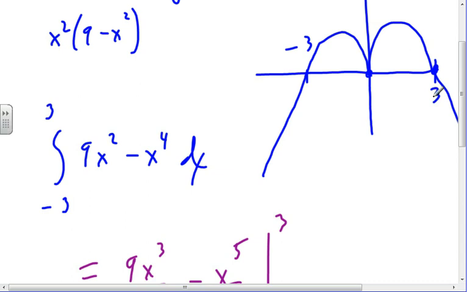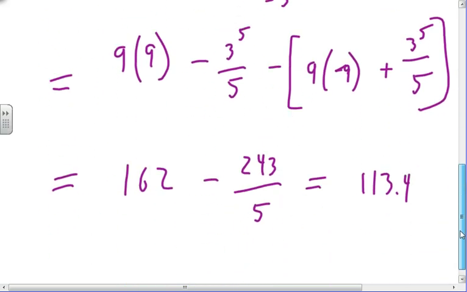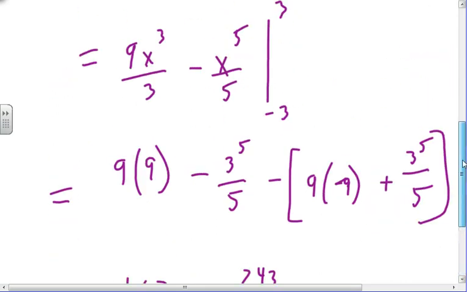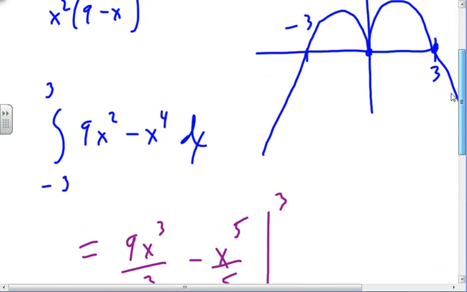And the calculator says 64.8. Did I get 64.8? Oh, doesn't that just torque you right off?